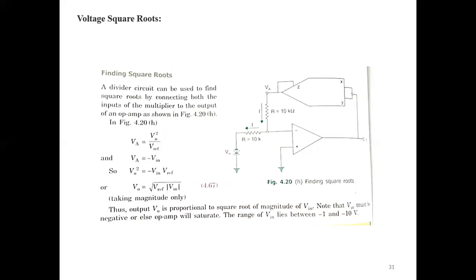Then V out squared is equal to minus V in times V reference, so V out is equal to the root of V reference times V in. Thus, the output voltage is proportional to the square root of the magnitude of V in. Note that V in must be negative or else the op-amp will saturate. The range of V in lies between -1 and -10 volts.